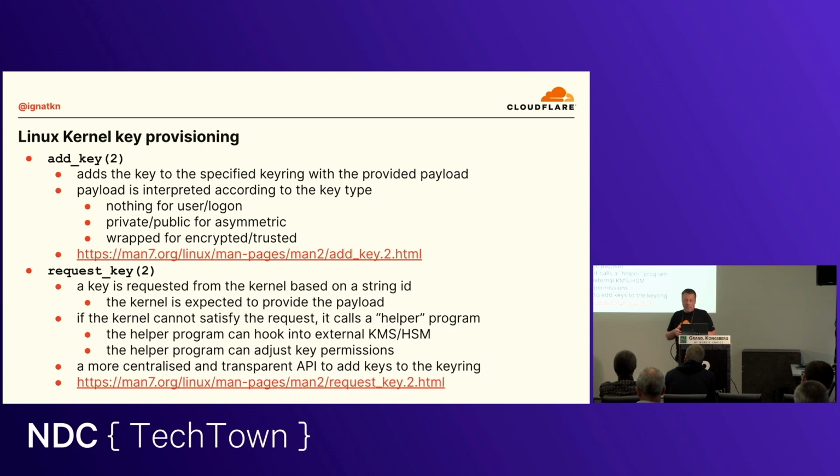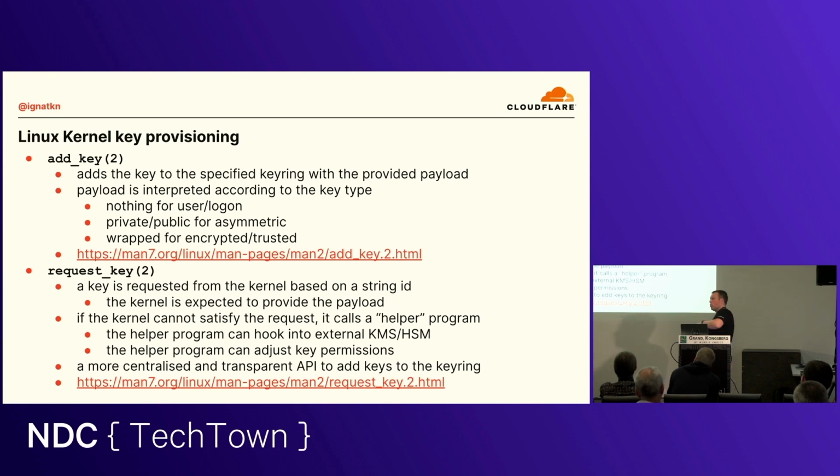But there is also another system call called request key. The application, instead of providing the cryptographic material, is requesting a particular key from the operating system based on a free-form string ID. And obviously every setup is different, so the kernel usually cannot satisfy the request on its own.